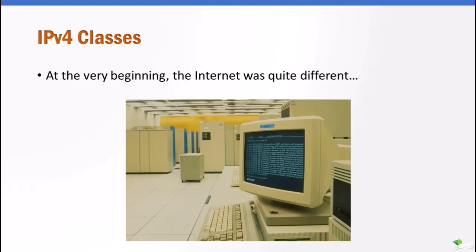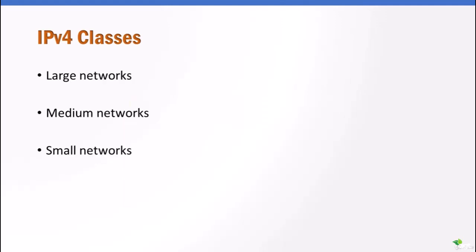At the very beginning, when we just started allocating IP addresses to computers, things were a bit different. Everyone thought that we would always be able to separate three sizes of networks: large networks, medium networks, and small networks.